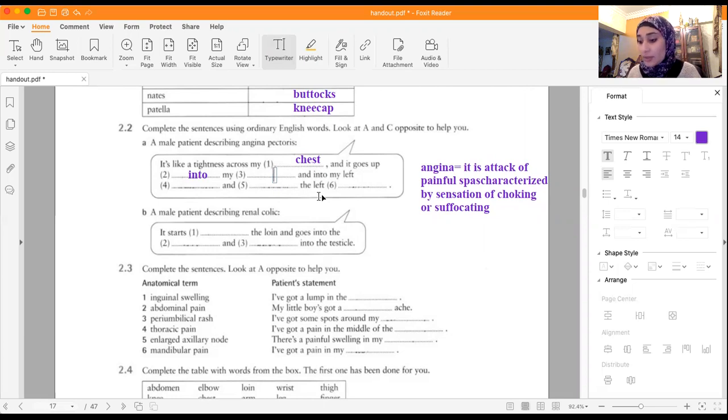It goes up into my. So from the chest, we can say that it goes up into my neck, for example, or you can say my jaw, all right? And into my left shoulder.